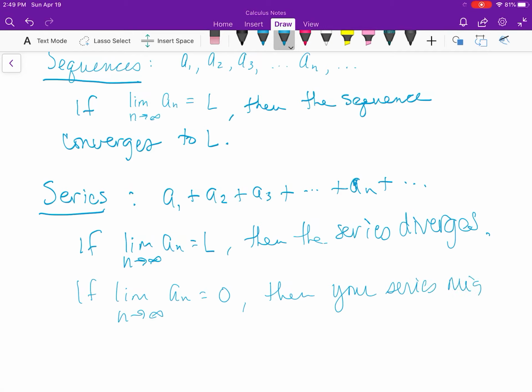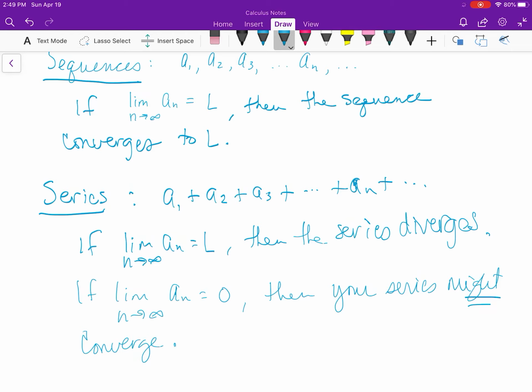Now, if you have a series and the limit as n goes to infinity of your nth term equals 0, then your series might converge. It does not absolutely mean that it converges. Why would that be? Because as you're adding on, you're basically just adding on 0, 0, 0.